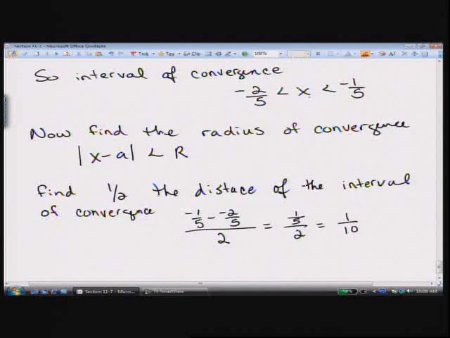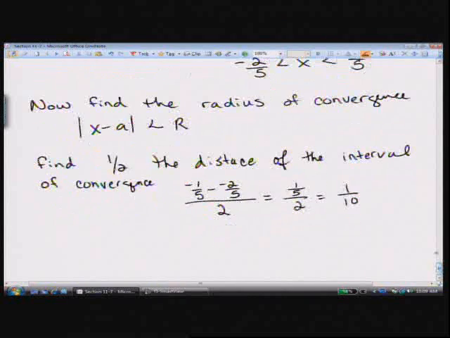And then the next question that they want to know is for what values of x does the series converge absolutely versus converging conditionally. But this series is going to converge absolutely. We don't have any conditional convergence here because of the way that it works.